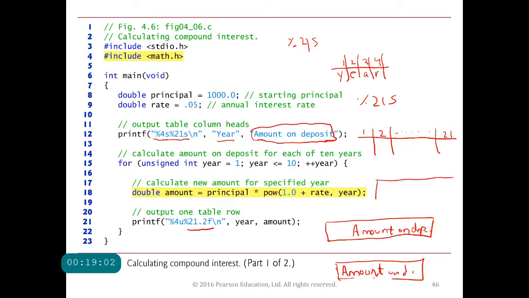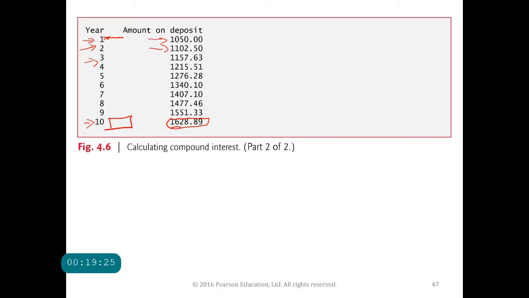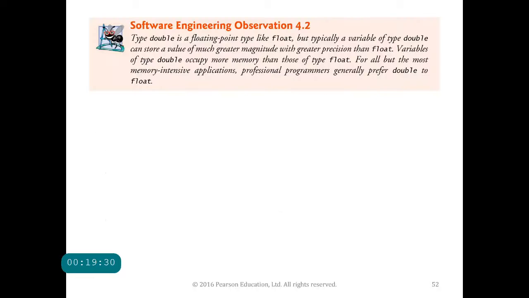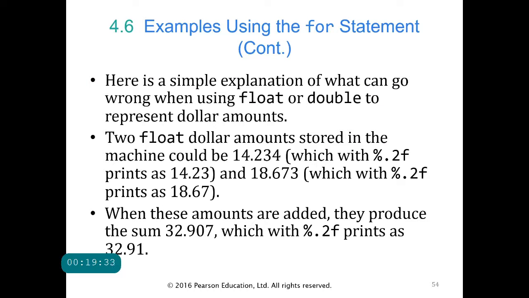So you have 21 characters, and then you are going to get a right justified amount, and that amount is going to appear with 2 decimal point precision. So it will be like maybe 1050.54 or something. So the 21 specifies how much space you're allocating for these, and then the .2 specifies how many decimal points accuracy you're going to have.